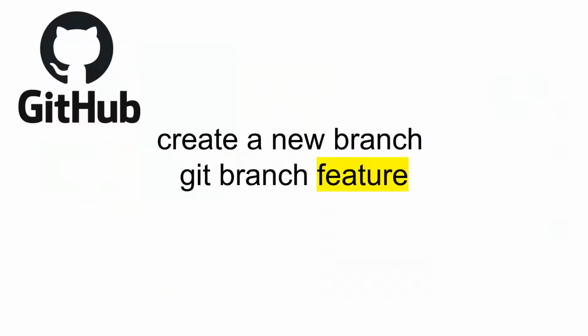In order to create a new branch in the local repository, you can use this command git branch space the branch name. Whatever git commands we are going to use in this video will be available in the video description. Please make use of it.